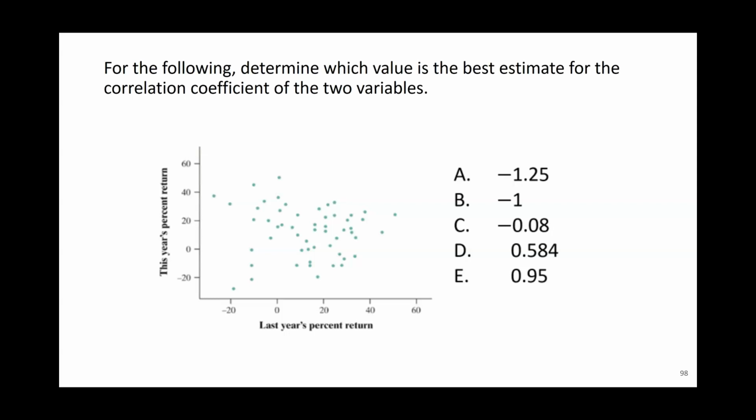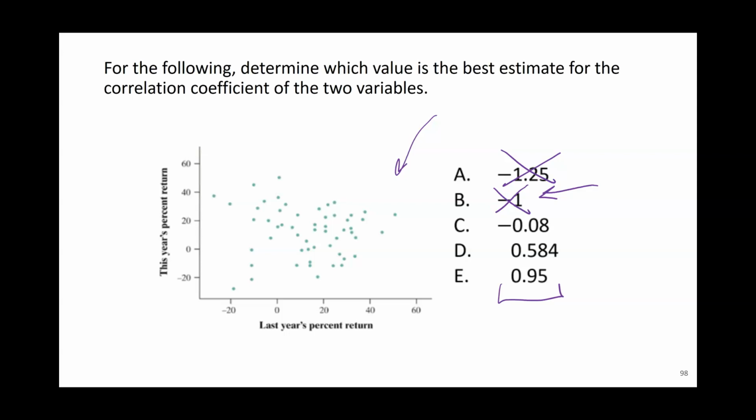Right off the bat, you cannot have a correlation coefficient less than -1. It cannot be this. Then a correlation coefficient of -1 means that the points all perfectly fit a line, and that line has a negative slope. I would argue that there's no line that you can draw where they all fit. So I would say not negative 1.